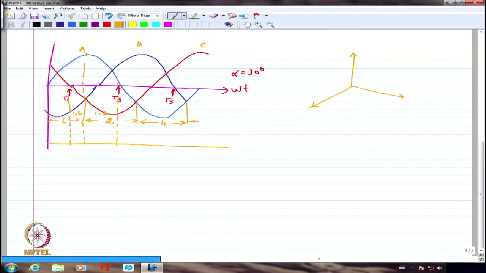If this is A, this is B, this is C, I am going to have AB, so this is minus B, and I will have VAB somewhere here. VAB is 30 degrees ahead of VA, assuming anti-clockwise rotation. So at this point I should have the VAB peak.